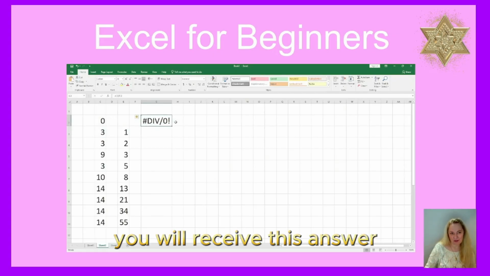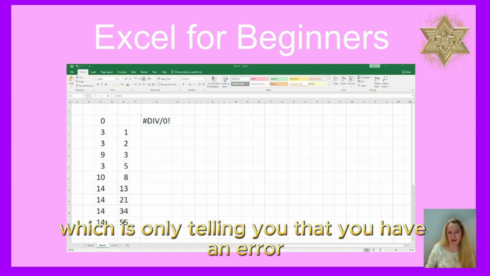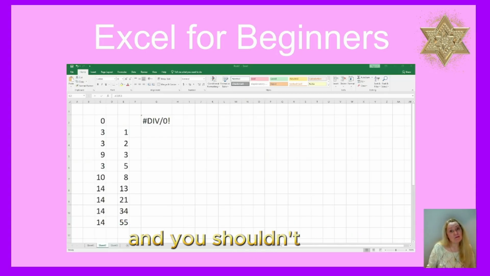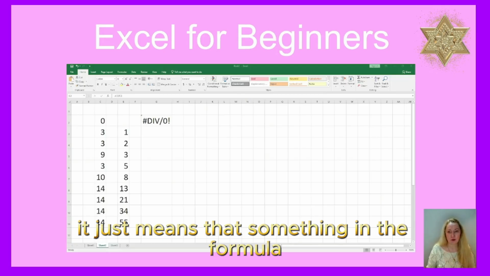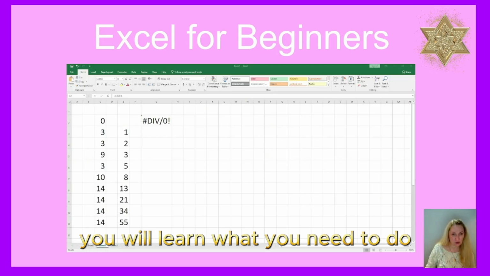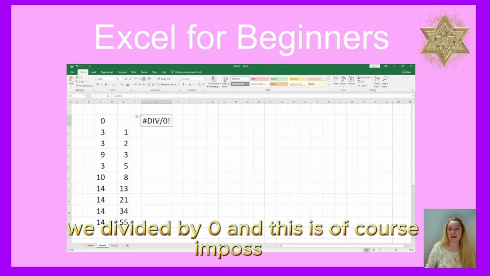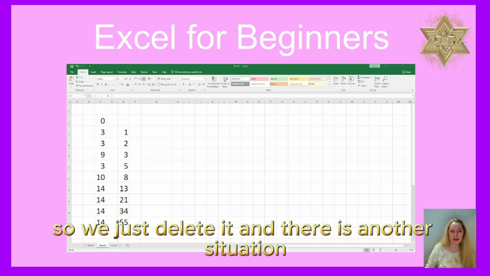You will receive this answer, which is only telling you that you have an error, and you shouldn't worry. It just means that something in the formula is not right. So with practice, you will learn what you need to do. In this case, we divided by 0, and this is, of course, impossible. So we just delete it.